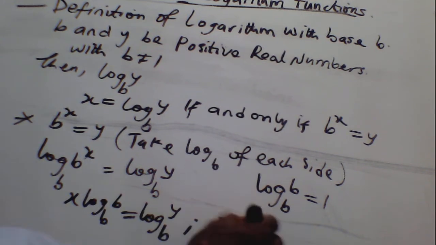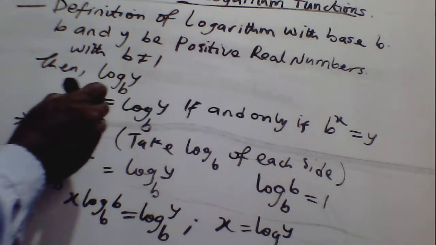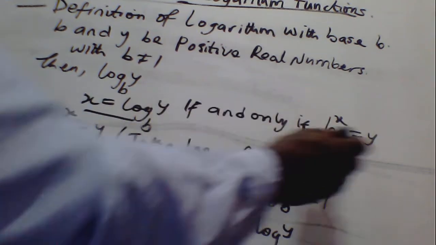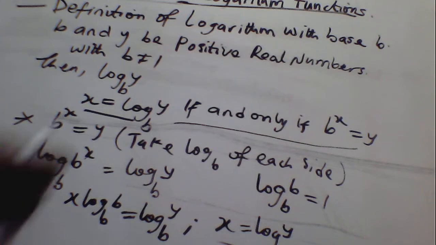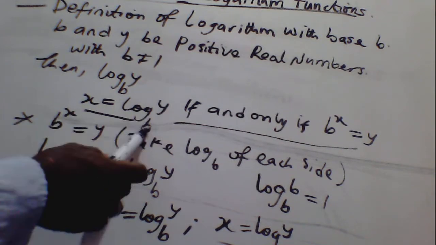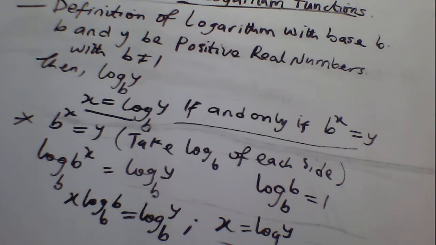This gives us x is equal to log y to base b. So this means this is correct: x is equal to log y to base b if and only if b raised to power x is equal to y. We prove it by taking logarithm to base b of each side, and then simplify using the laws of logarithm to arrive that x is equal to log y to base b.